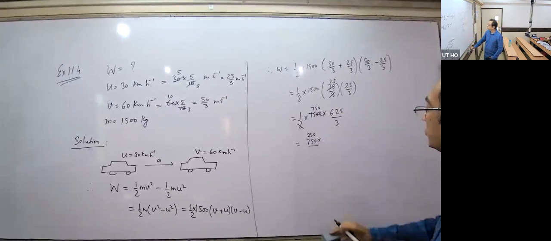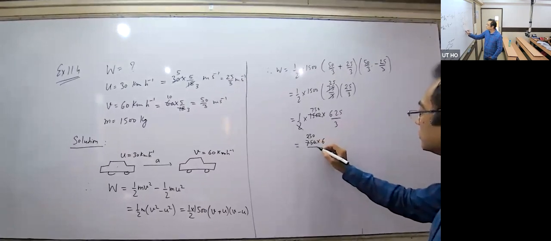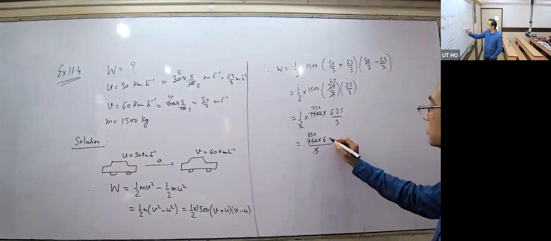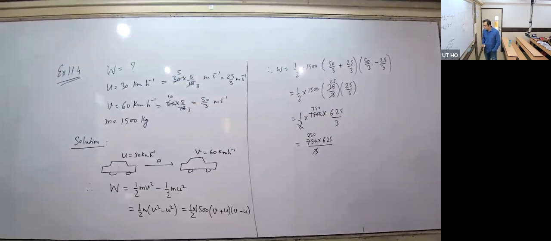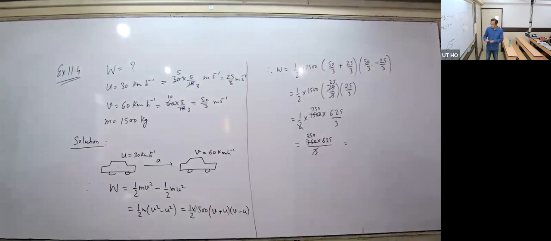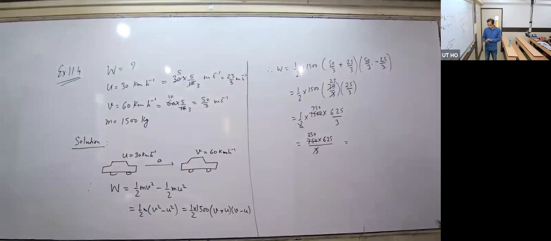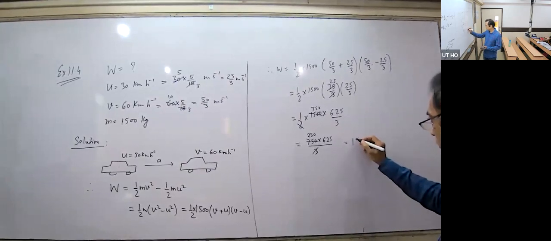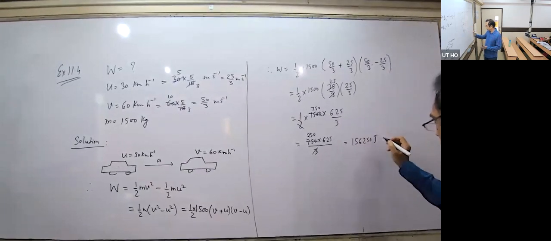So how much is this? 250 into 625. Just find this out. So 250 into 625. Yes, 15625. Is this the answer?